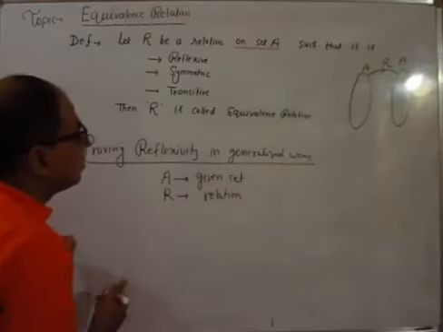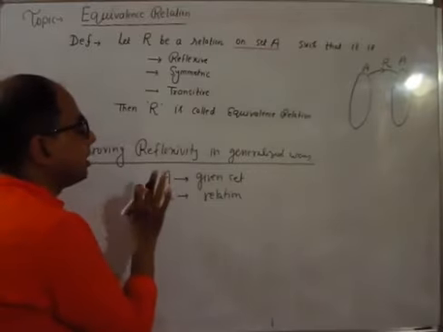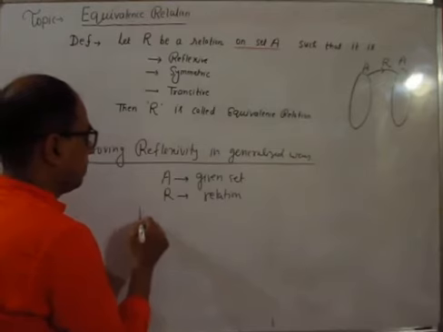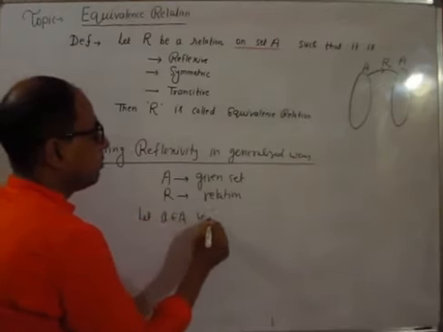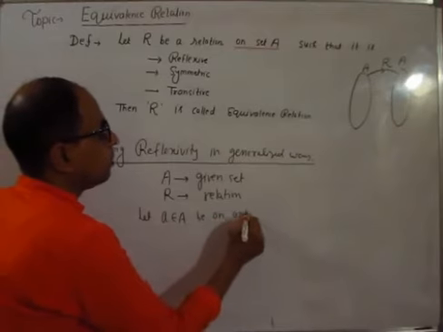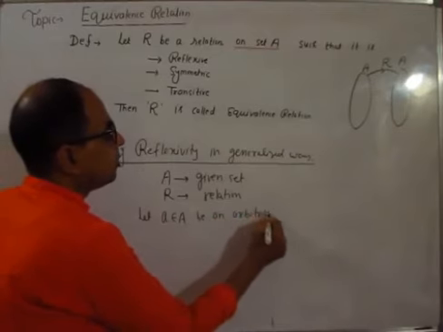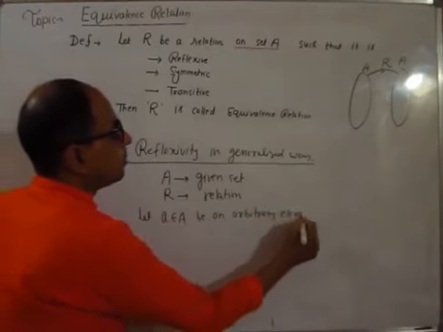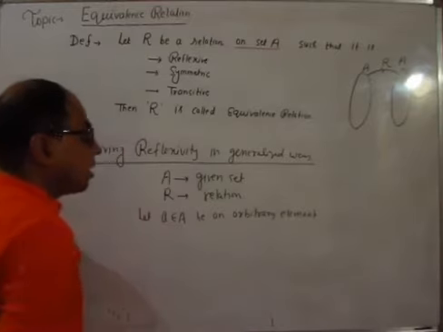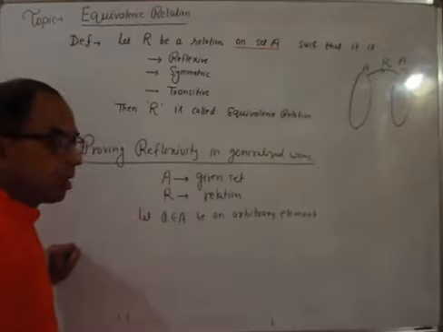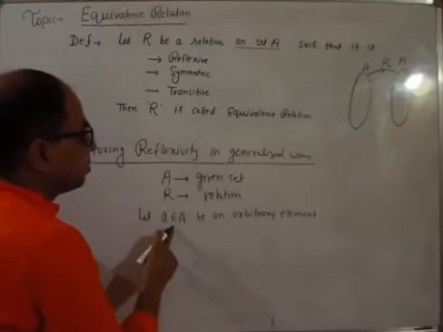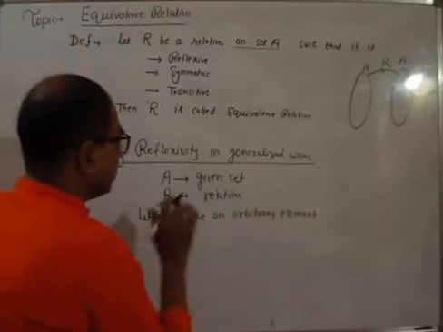So what you have to do is take any arbitrary element of set A. Let a belong to A be an arbitrary element. Now put this a in the given relation.